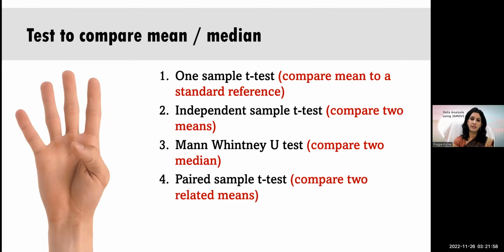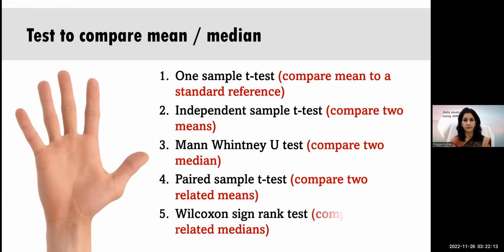Again, there is something known as the paired sample t-test, where we compare two related means. So these are the various options which we have under the comparison of mean or median. Again, the non-parametric counterpart of this paired t-test is the Wilcoxon signed rank test, where we compare the median of two related groups.